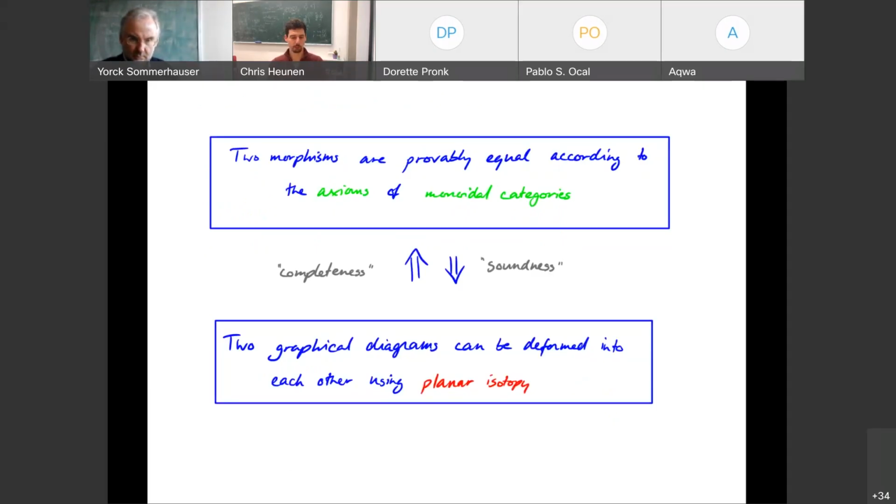So that means the axioms being triangle and pentagon and naturality and bifunctoriality. So if from these ingredients I can build a proof that 2 maps are literally equal, that holds if and only if the 2 diagrams I can draw for these 2 morphisms can be deformed into each other using what's called planar isotopy. By planar, I mean 2-dimensional in the plane.